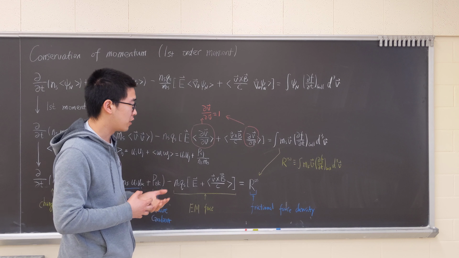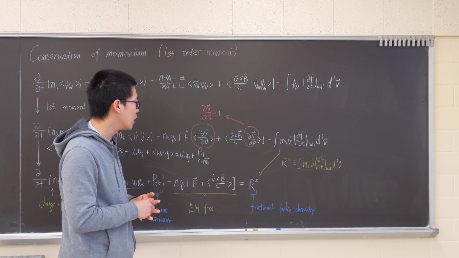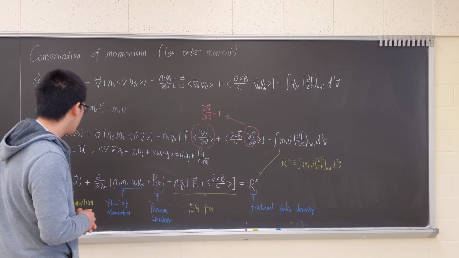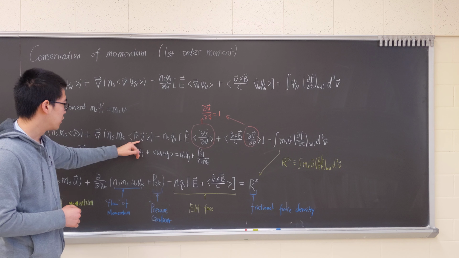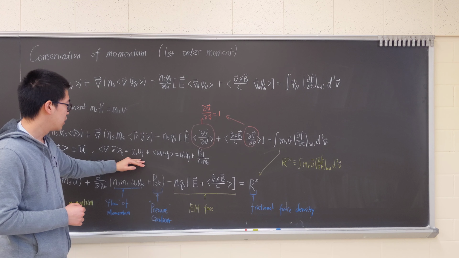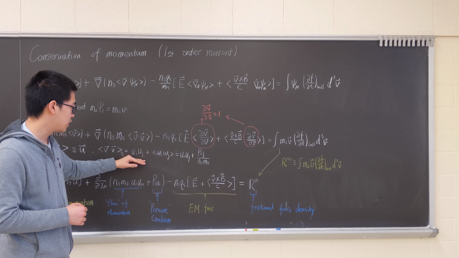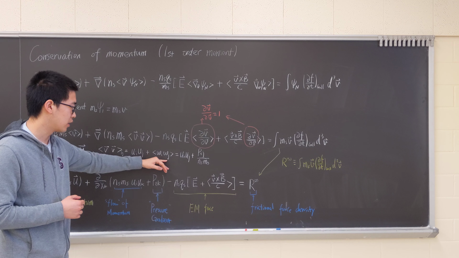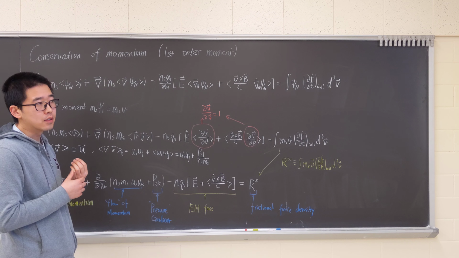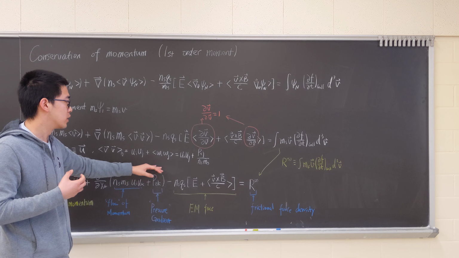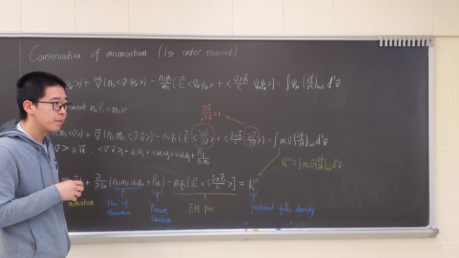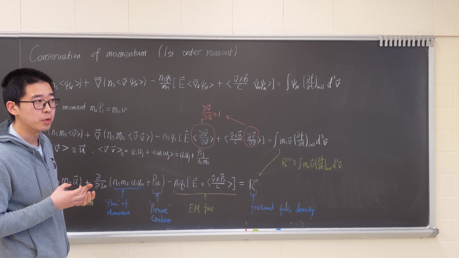Then dv over dv obviously is 1, and we define the average of velocities u, and v will have two parts. One is the average velocity, and another part is kind of a thermal fluctuation, a velocity due to the thermal motion.